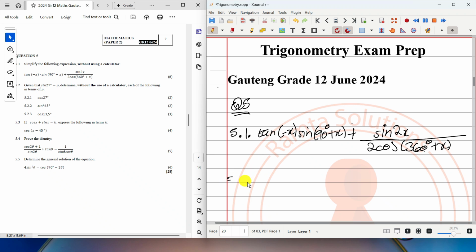Tan of a negative angle will be negative tan x.